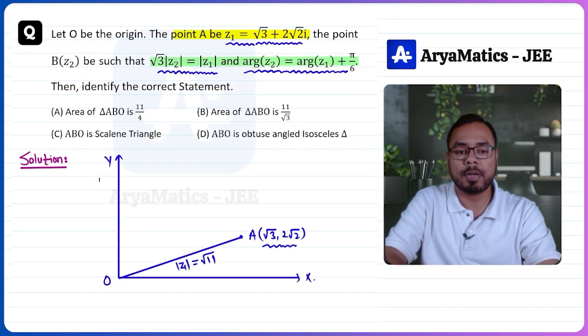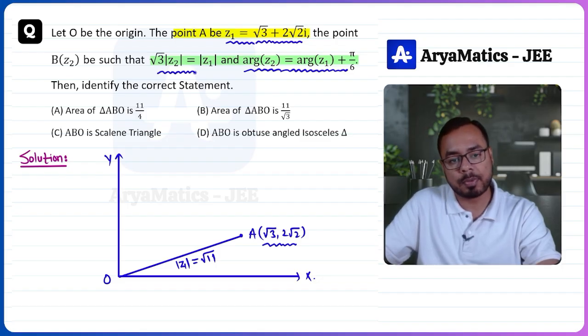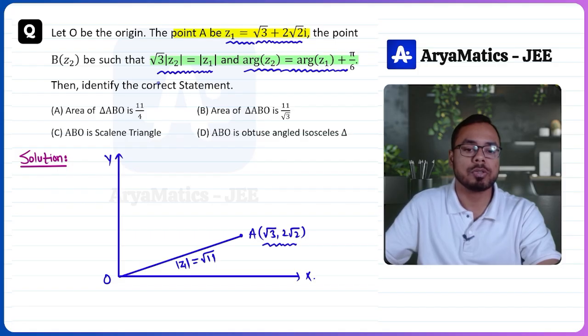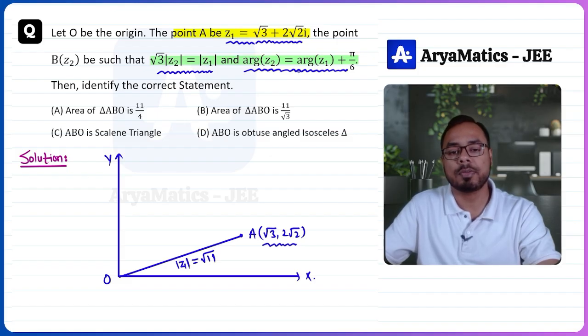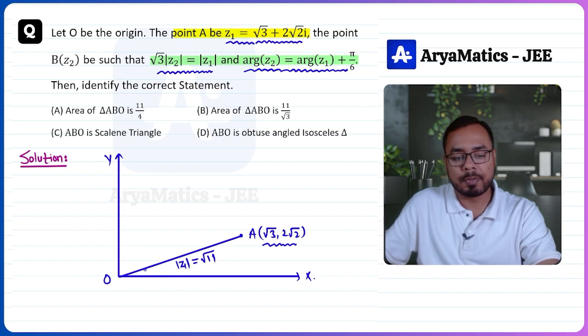Now Z2 is represented by point B and the relation is that modulus of Z2 will be modulus of Z1 divided by root 3. So the distance of point B from origin will be root 11 by root 3. And also argument of Z2 is argument of Z1 plus pi by 6. So if this is the argument of Z1, let us call this angle some angle alpha.